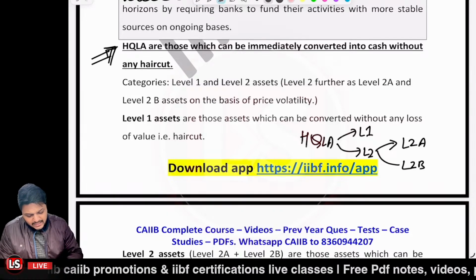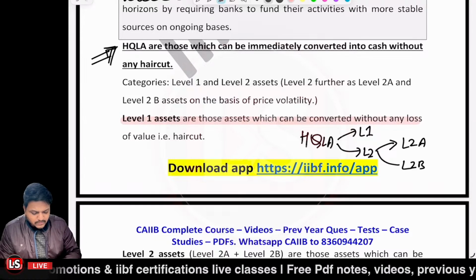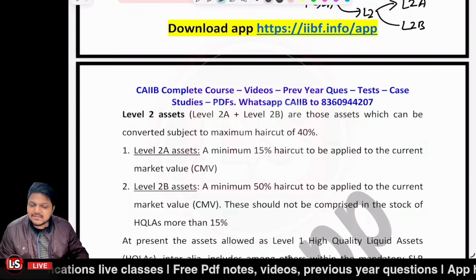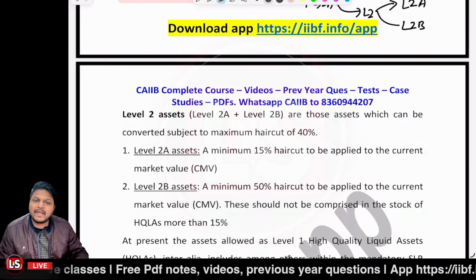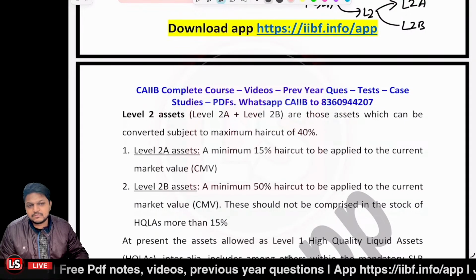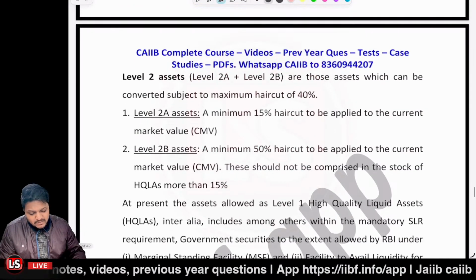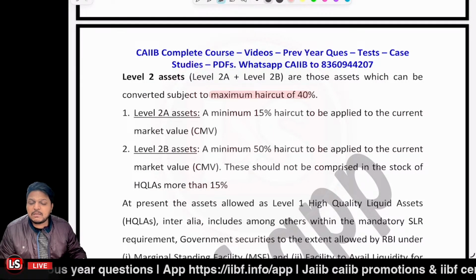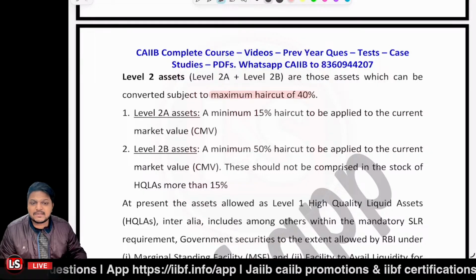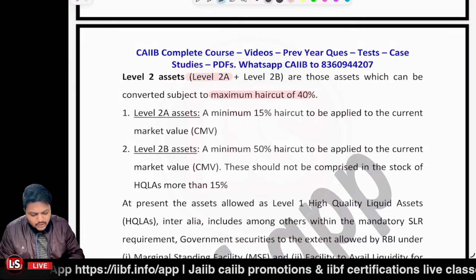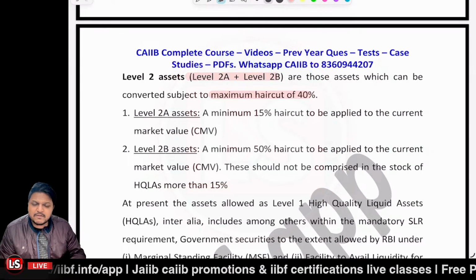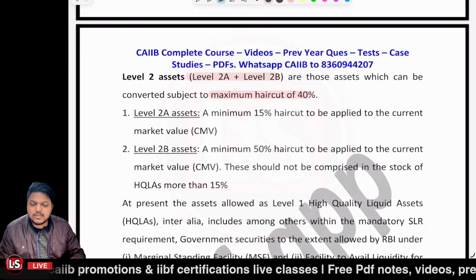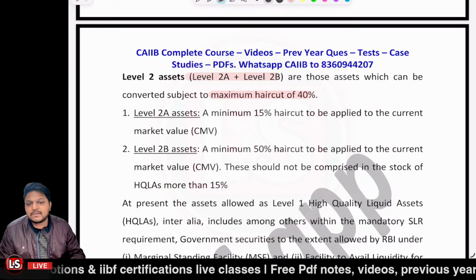And level 2 assets comprise level 2A and level 2B, and these are subject to a maximum haircut of 40%. So overall, for the level 2 assets, level 2A plus level 2B, the maximum haircut should be limited to a maximum of 40%, right?